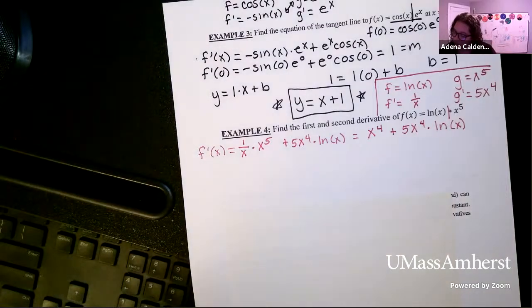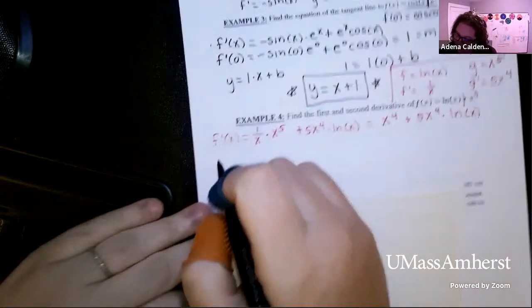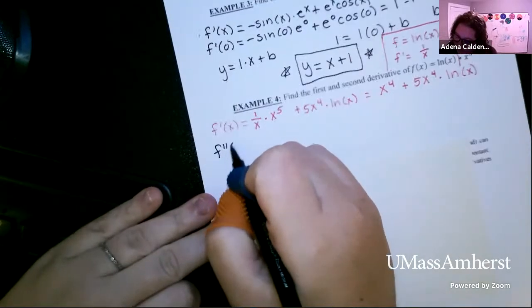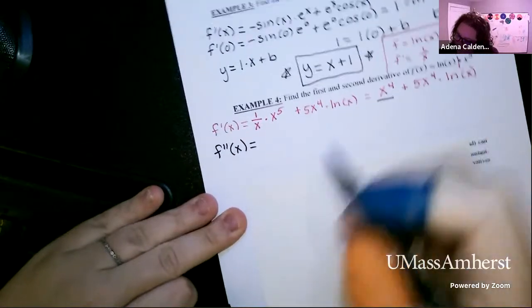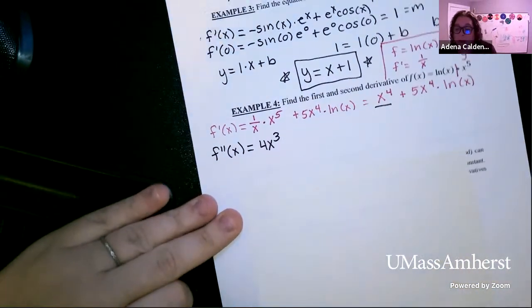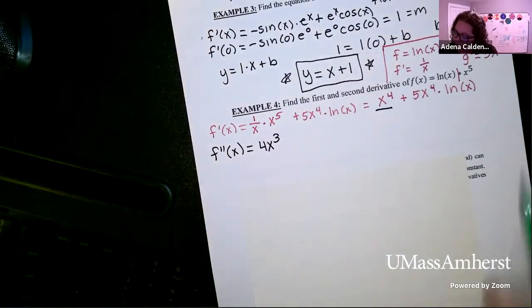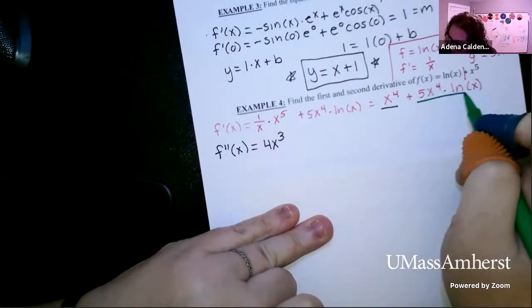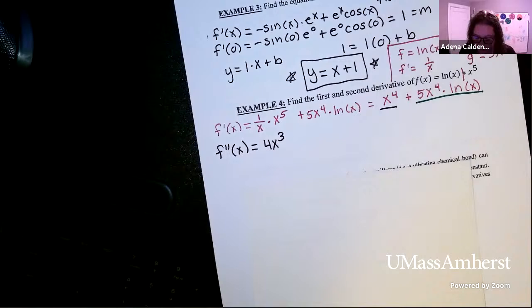And so what I'm going to do is I'm going to go term by term to figure out what my second derivative is going to look like. Okay, so if I take the derivative of x to the 4th, I get 4x cubed. But then if I look at the next term, 5x to the 4th ln x, I can't just take the derivative using my regular rules.